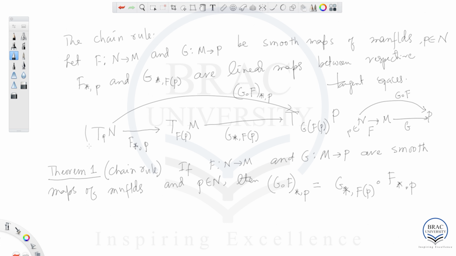So this is a commutative diagram. Theorem 1 tells us that this is a commutative diagram. This is equation number 9.